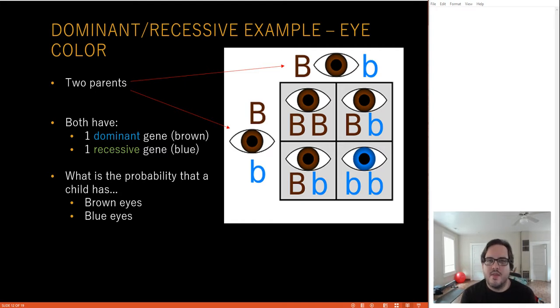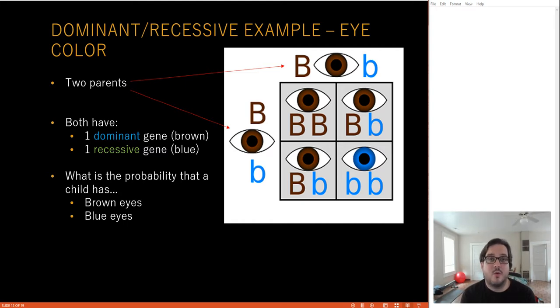These can get mixed together in different ways, and so we can calculate the probability that a child has a particular trait. Given that the child simply needs one copy of this dominant brown-eyed trait, we can say that the probability of a child having brown eyes is 75%.